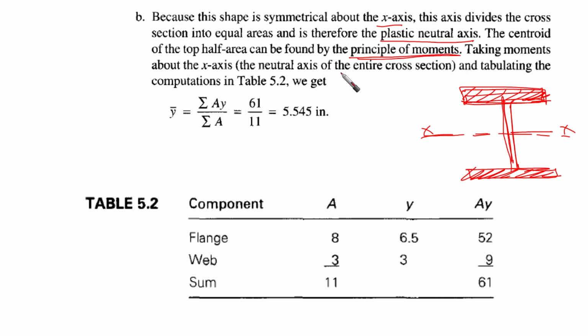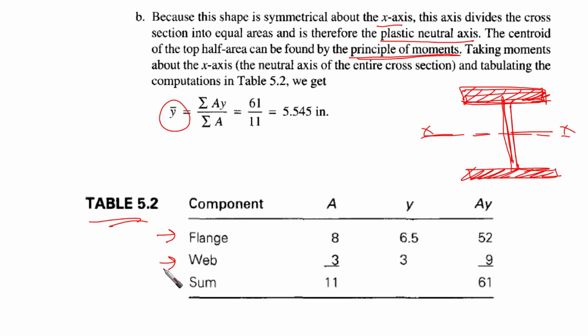We're going to obtain it by the principle of moments, taking moments about the x-axis, the neutral axis of the entire cross-section, and tabulating the computations in this table, you can obtain y bar. Okay, so you are going to find that we have two components here, which are the flange and the web.